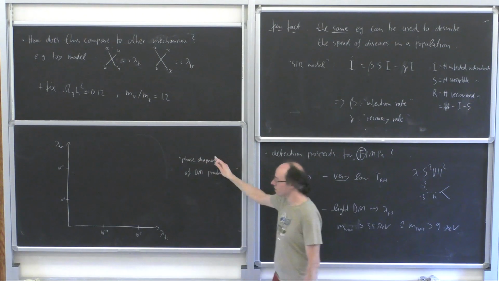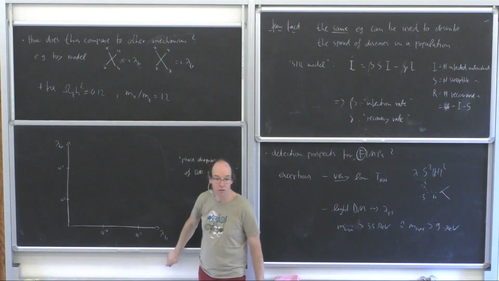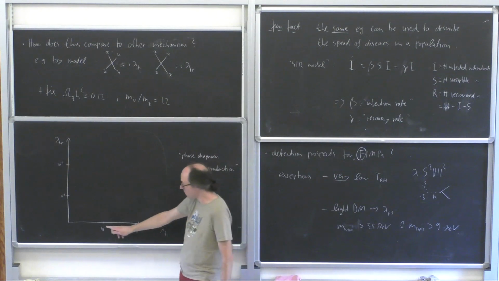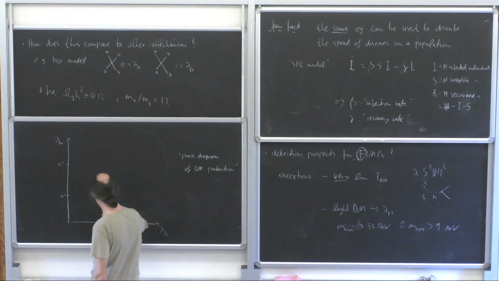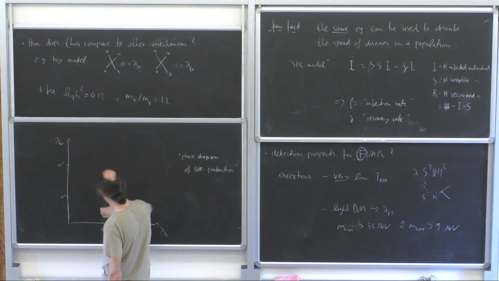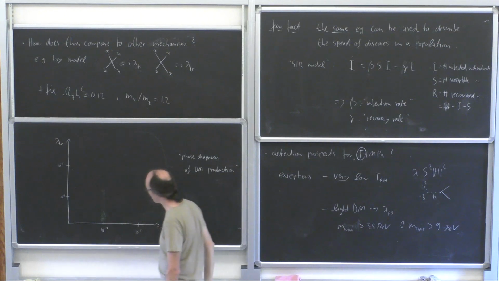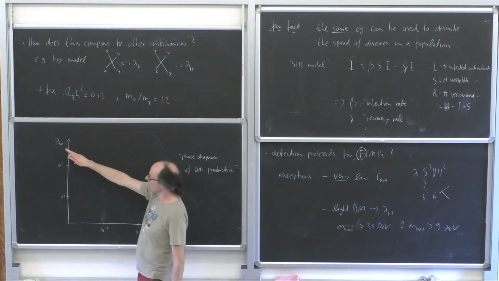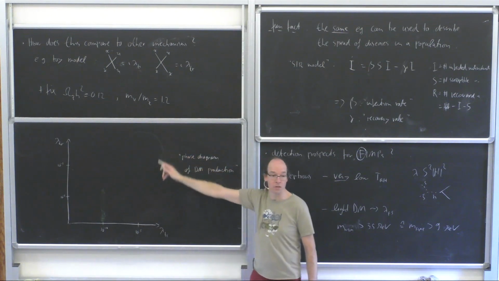So in this phase diagram, we learned already that freeze-in is something that must happen at around this coupling scale. So we will have some parameter space like this. Well, colors don't work out very well. And of course, this is in the situation where this transmission coupling is small.